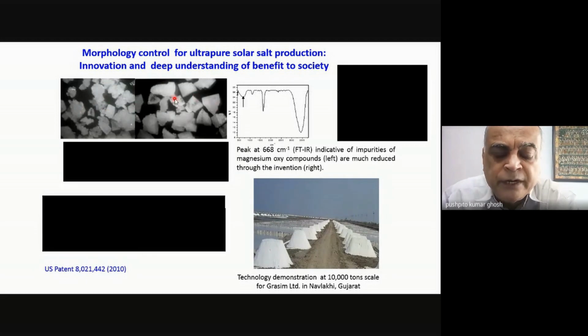And it so happened that the impurities were considerably less in this crystal, simply because there were not that many grain boundaries. The total surface area covered by grain boundaries was less. So the absolute quantity of impurities was less. But what could we have possibly done to convert from something like this to this? Or what would you think of?